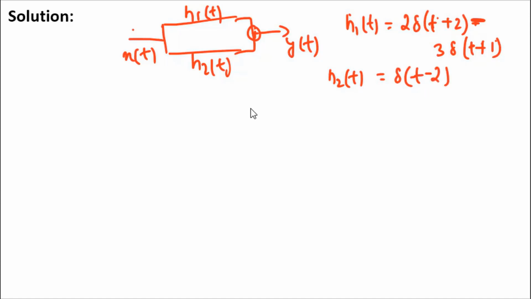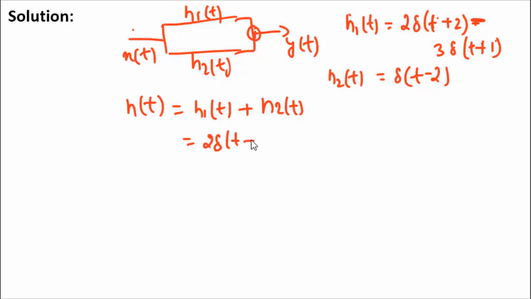So these two values are given in the question. So you can write h of t, the overall response of this cascaded system, by adding h1 of t and h2 of t, which will give you 2 times delta of t plus 2 minus 3 into delta of t plus 1 plus delta of t minus 2.